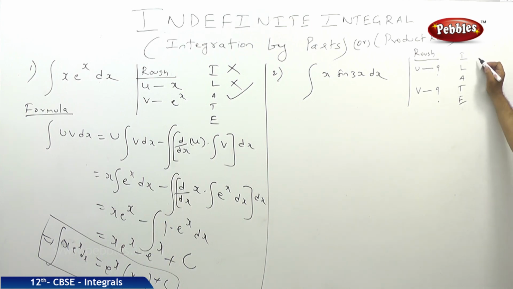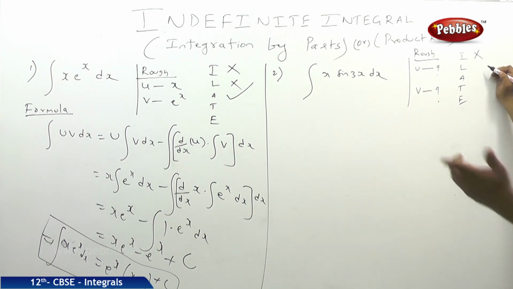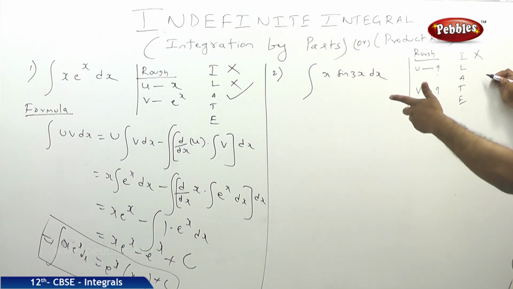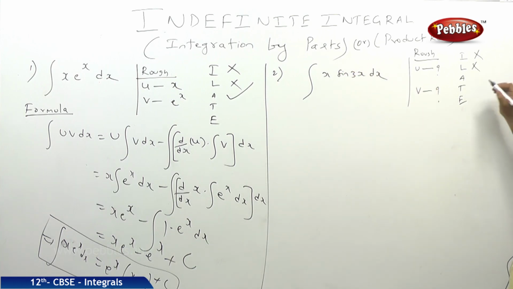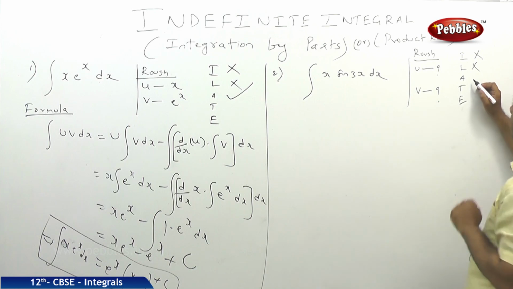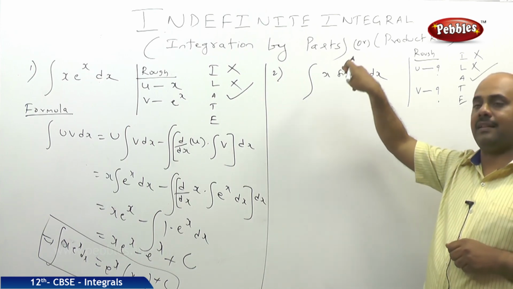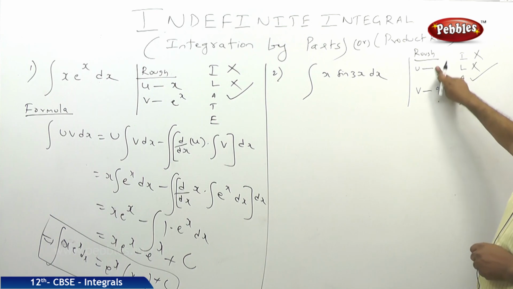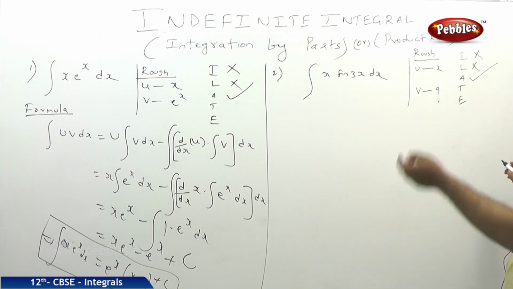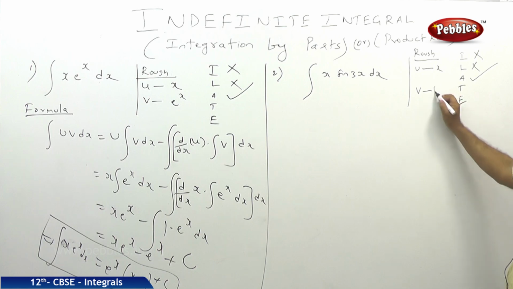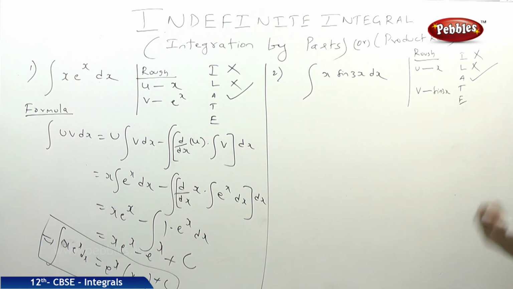I for inverse circular function, is it there in our problem? No, so strike it off. L logarithmic, is there any logarithmic function in both the functions? No, so we should delete. Algebraic is there? Yes, algebraic is there, so we should keep a tick. And what is the algebraic function here? x. So in place of u I will write x, and in place of v the remaining one. What is our remaining function? Sine 3x. I think you are clear now.